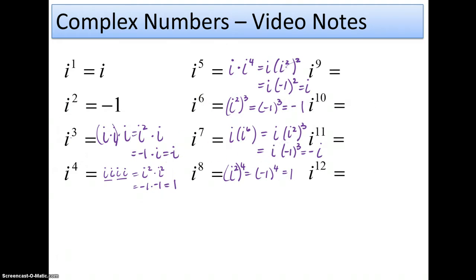Let's try it again. i to the 9th. I could rewrite this as i times i to the 8th, and that would give me i times i squared to the 4th.